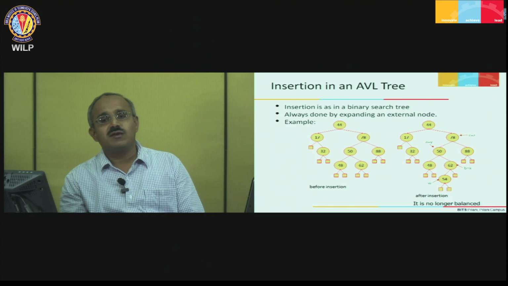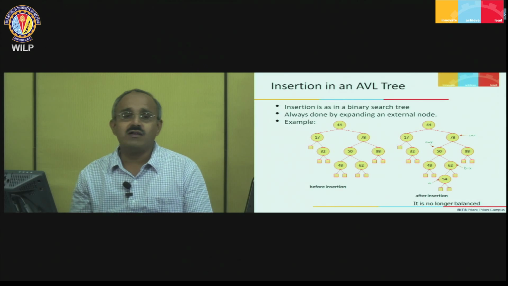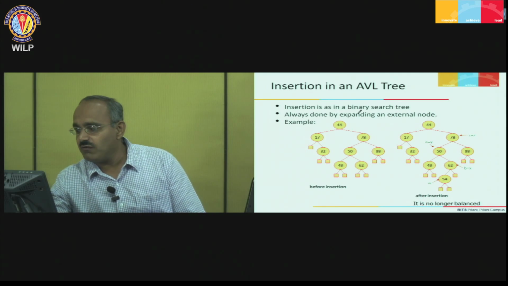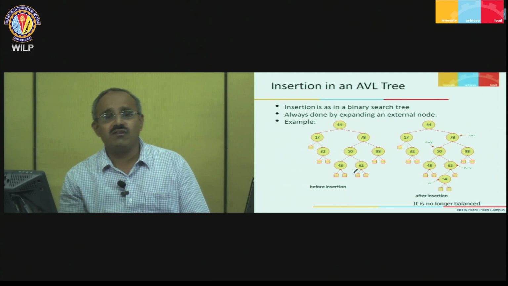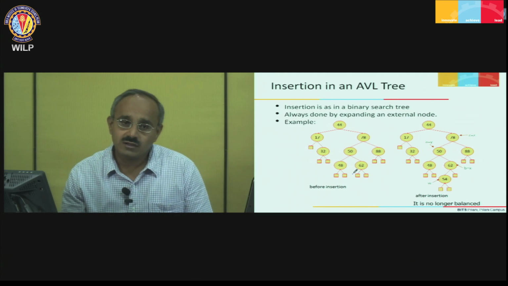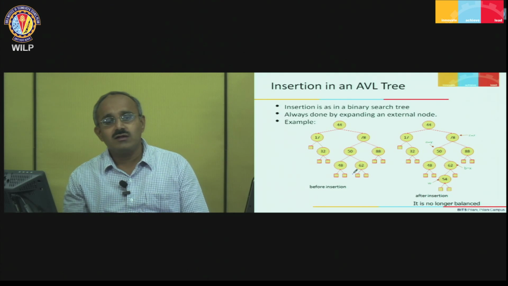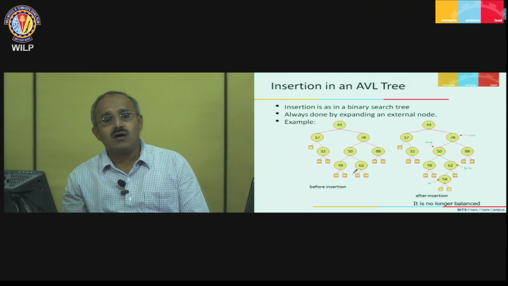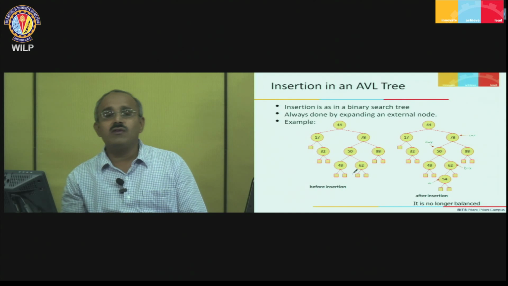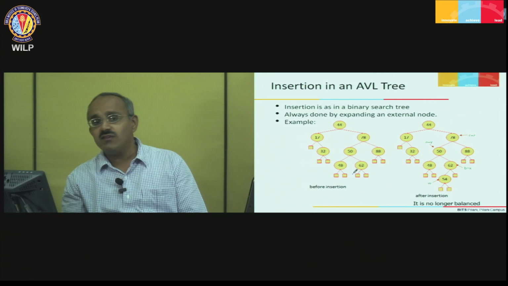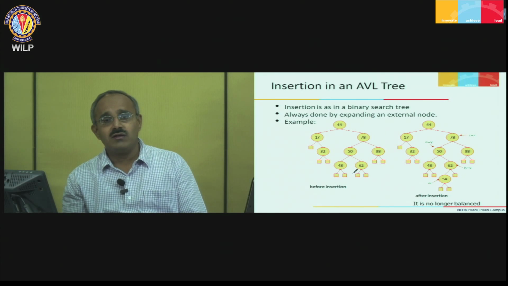Suppose you have an AVL tree which we have already seen, which satisfies all the properties of an AVL tree, and we are inserting a key whose value is 54 in this AVL tree. We will insert this as though we are inserting it in a binary search tree.